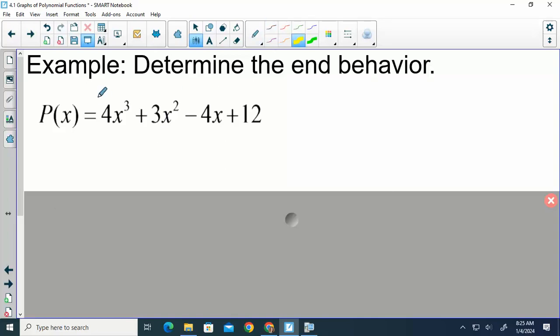The leading term, the highest power. So I'm looking at this one. What's my end behavior going to be? My degree is 3. Odd looks like a chair. It's a positive coefficient, so it didn't flip, so my end behavior is down, up.